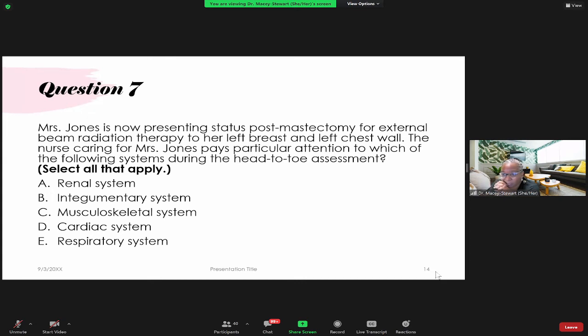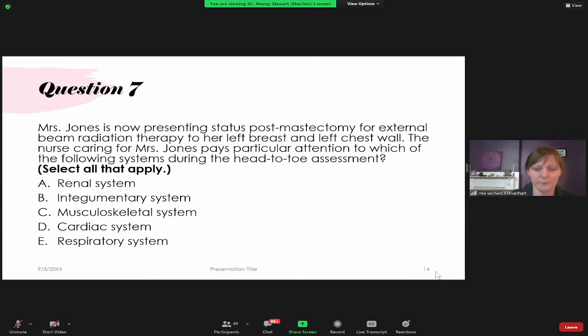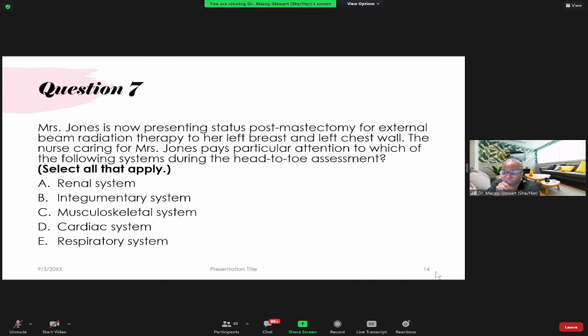That's what's important. And why wouldn't it be C? Musculoskeletal, if we're talking about radiation, we're not talking about just doing a general head to toe assessment. We're doing an assessment for a patient who's getting radiation therapy. Musculoskeletal, we want to do that, but the three that are most important, musculoskeletal is not relevant because we're looking at radiation only. You got to read the question and look at what the question is asking.